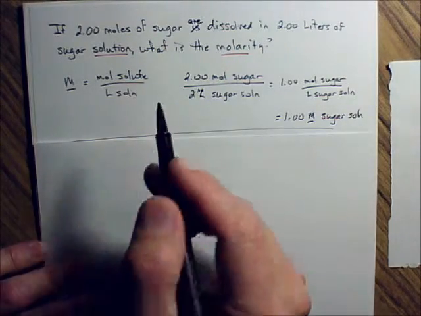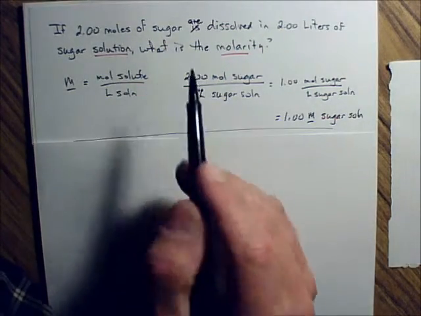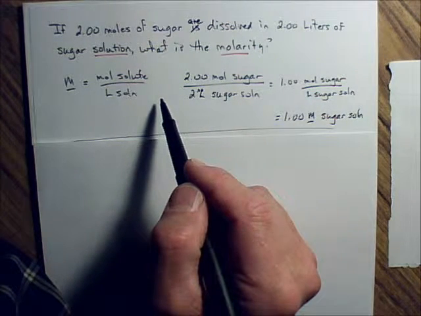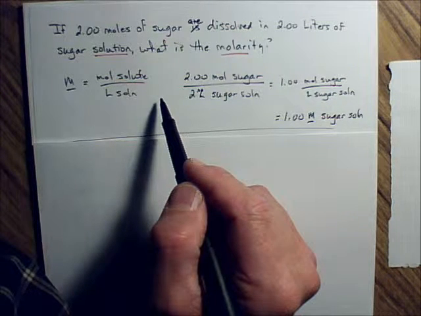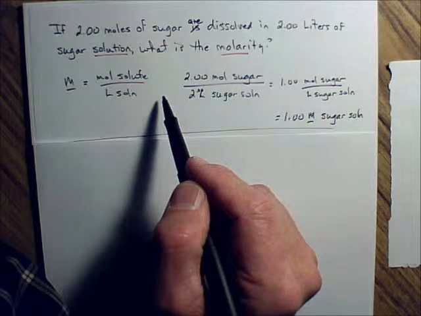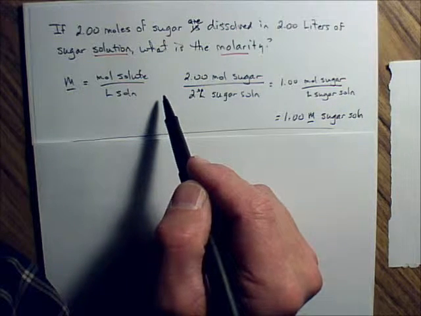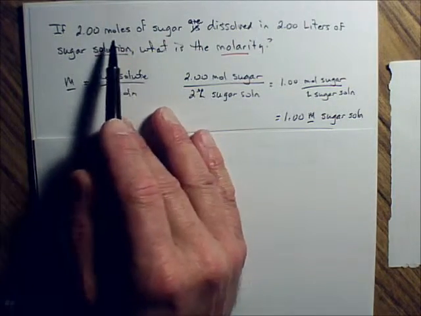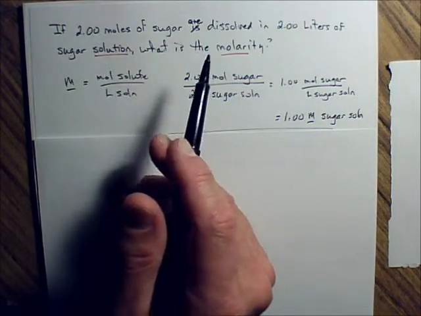Now not every problem is going to give you the moles of the solute because we can't measure moles. How do we usually measure solids? Grams, in mass. So if I give you the solute in grams, how do you get from grams to moles?